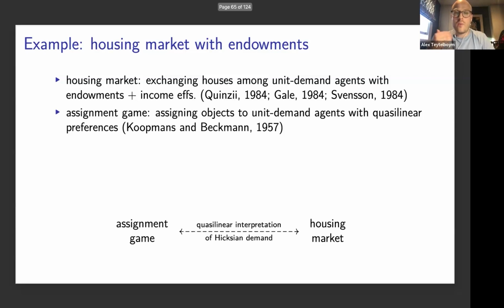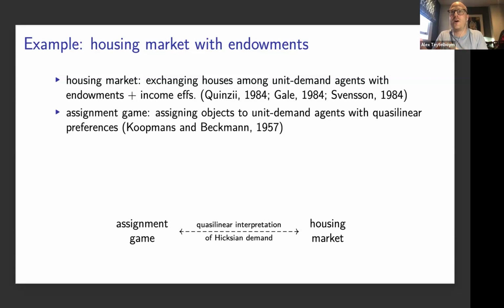Now, what I want to stress first is that when we think about the housing market, rather than thinking about Marshallian demand, we can think about Hicksian demand, the dual objective in that case. And because of our quasi-linear interpretation of Hicksian demand, we can think about the dual Hicksian economy to the housing market.